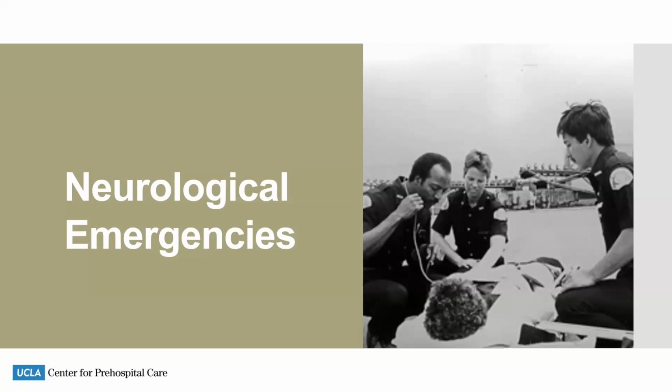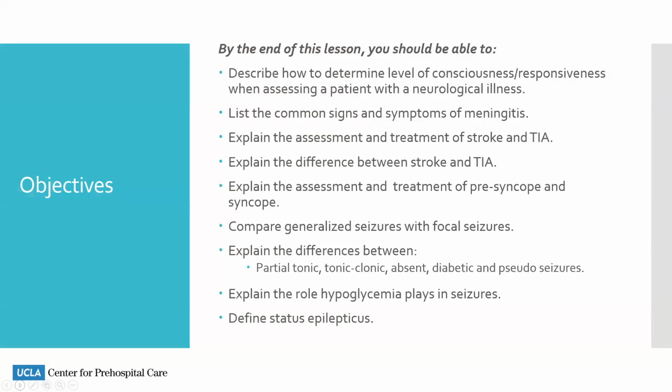So anyway, let's get going here and we'll talk a little bit more about neurological emergencies. I did the intro to neuro yesterday, and hopefully you were able to recall that information because we're going to expand upon it a little bit.